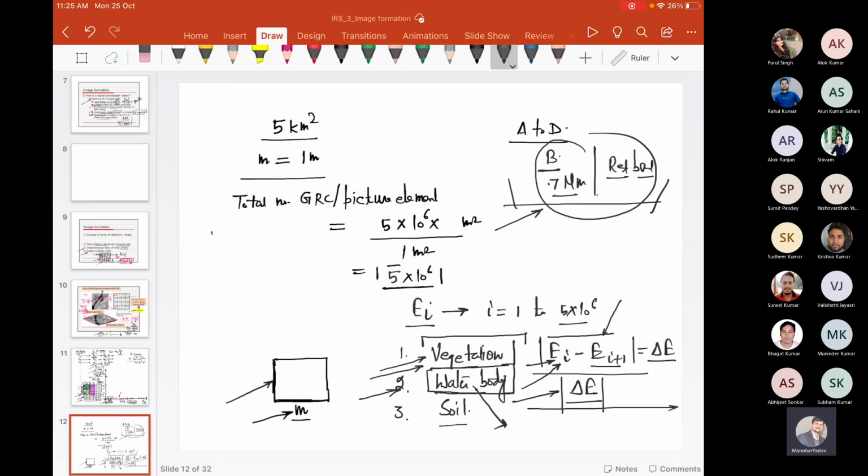Like if I plot a graph over here, I am only considering the energy components from the ground resolution cells from water. Okay. Let's say EW1.